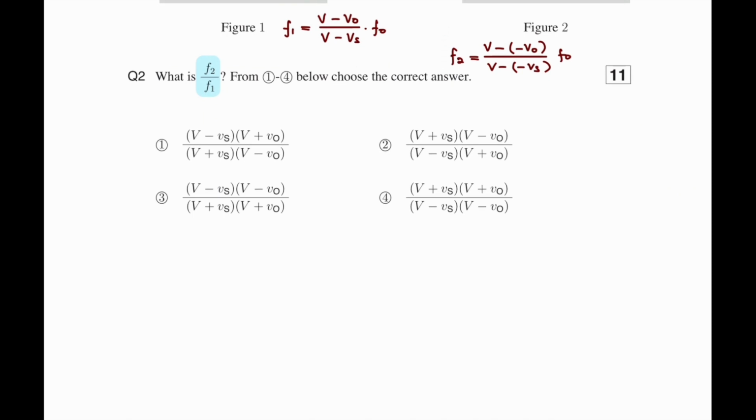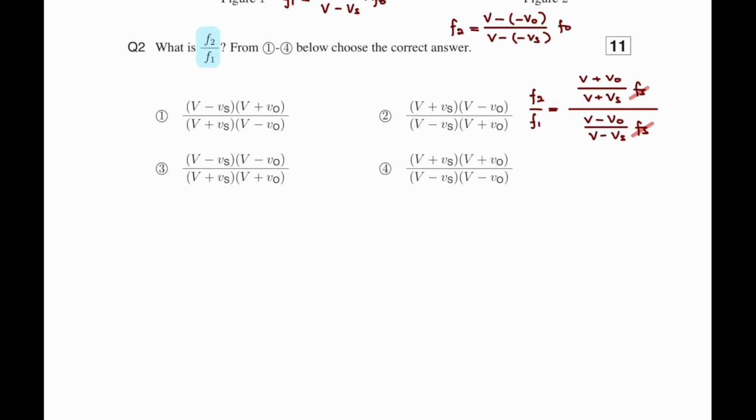If I continue a little bit, F2 over F1 is equal to, my F2 is V plus VO over V plus VS times Fs, over my F1, which is V minus VO over V minus VS times Fs. Of course, we can cancel out Fs here.